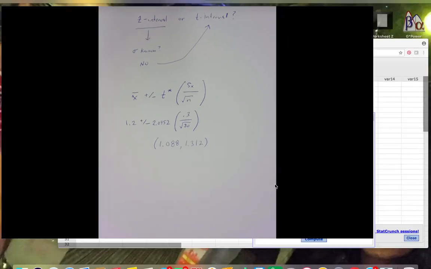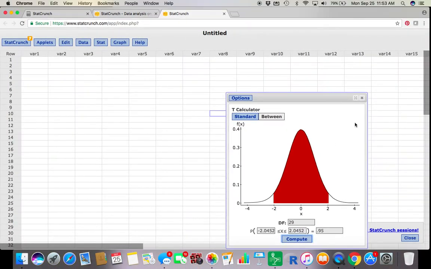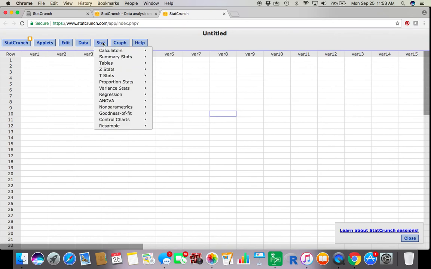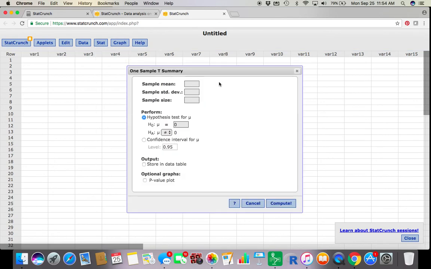How would we really do this? I wouldn't do this with the formula. I would use StatCrunch. So, guys, I'm going to go to Stat. Instead of stopping at Z Stat, I'm going to go to T Stat. One sample. And in this case, I have summary. The sample mean was 1.2. The sample standard deviation we said was 0.3.